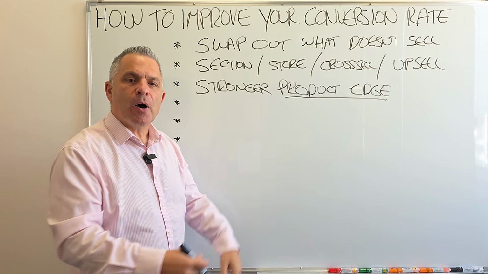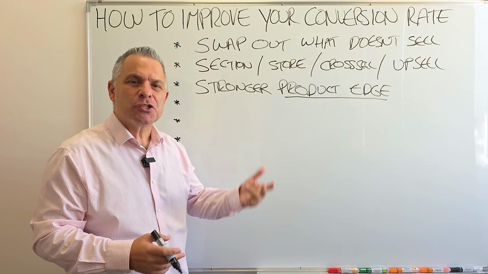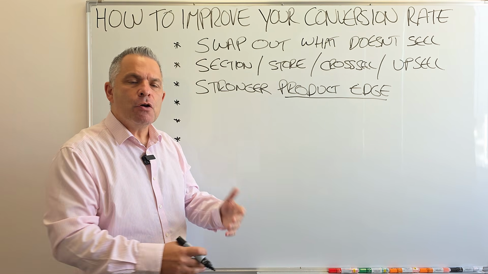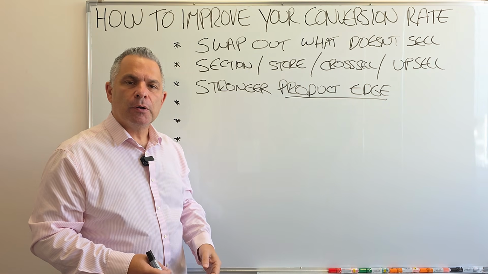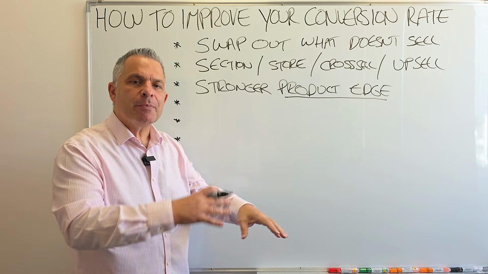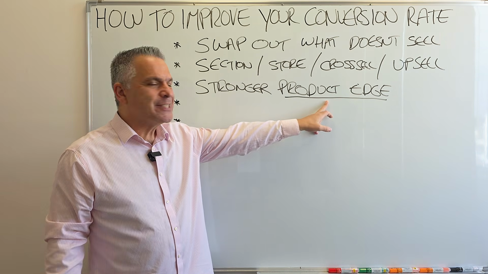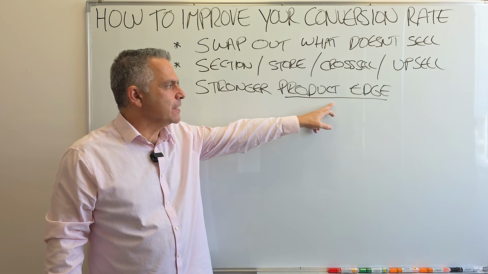So why are people buying it? Maybe it's the color. Maybe the size is unique. Maybe it's the textures, the materials. The overall design's never been done before. It comes with extra bits that no one else does. You get freebies that no one else does. You've got to have a decent product edge suite.